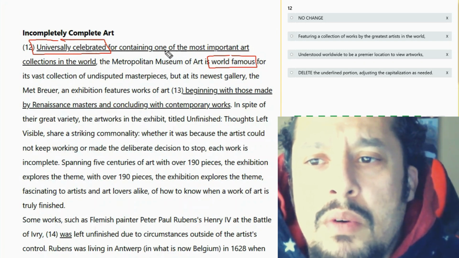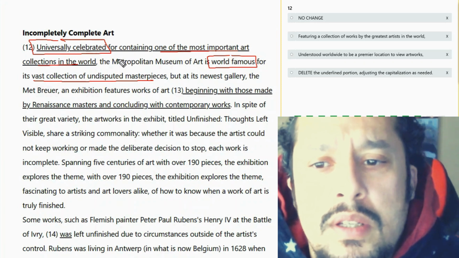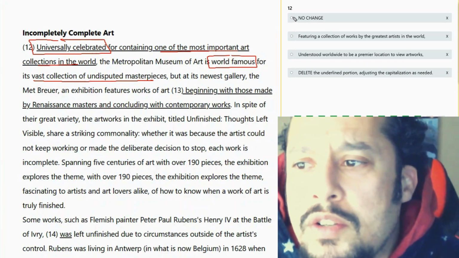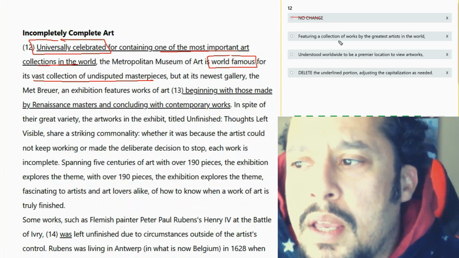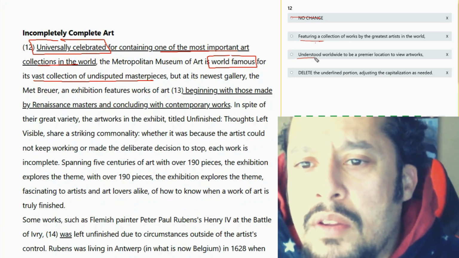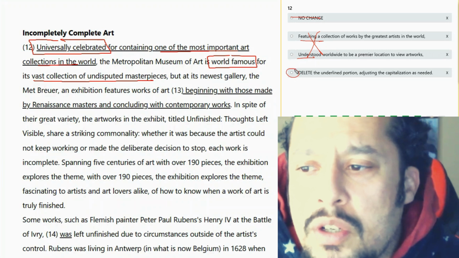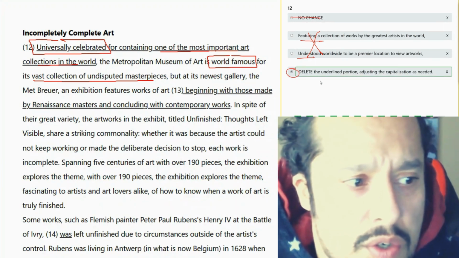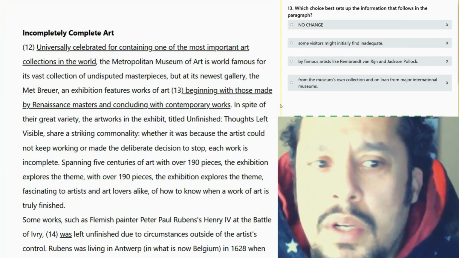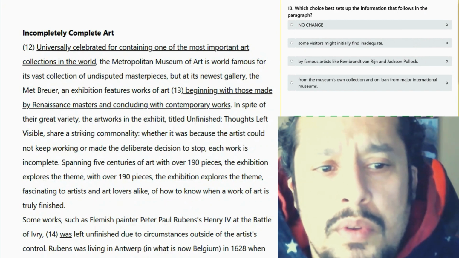And containing one of the most important art collections, a vast collection of undisputed masterpieces. I mean, we have redundancy here, so I wouldn't say answer A. Answer B, again, and C, it's the same thing. They're all redundant because they talk about the museum and its art collection. I'm going to go here with answer D. Delete it because of redundancy.